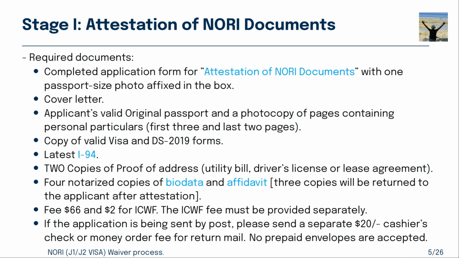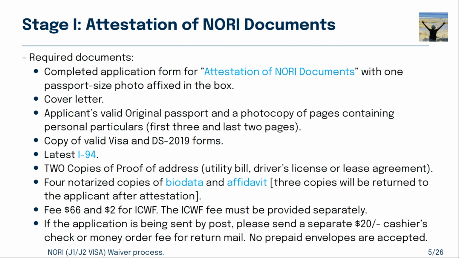You can easily get these templates from any Indian consulate office like New York or Houston. If you are applying in Houston, go to the Houston website and download the biodata and affidavit template. Fill it in, and four notarized copies means you need four signed copies of these documents. So you have to send four photocopies of the filled forms, right?